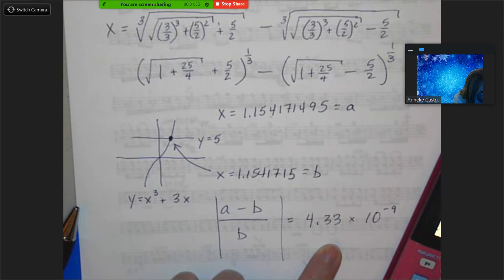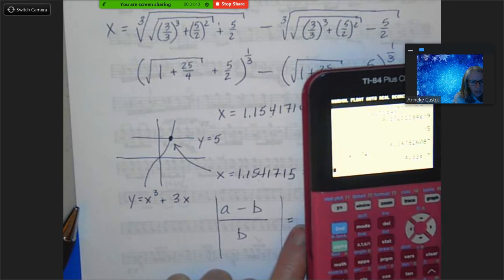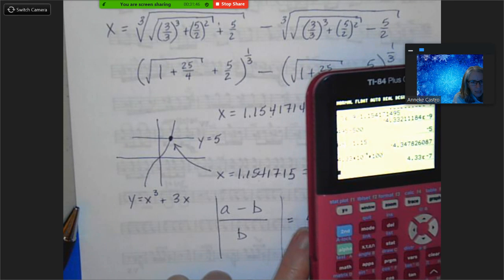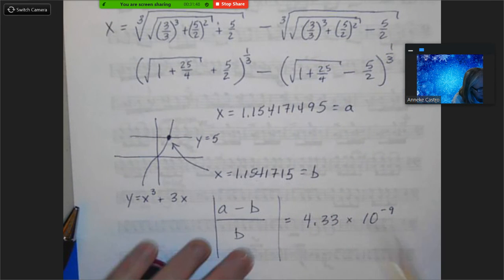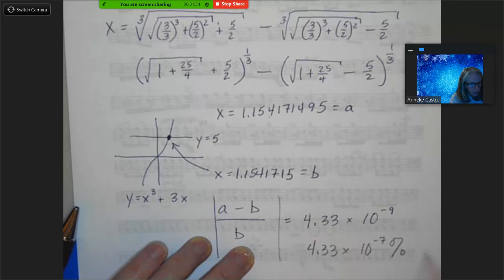I'm going to times that by 100, and we should see our exponent change. So there it is, 4.33 times 10 to the -7 percent, which is not what they get in the back of the book.